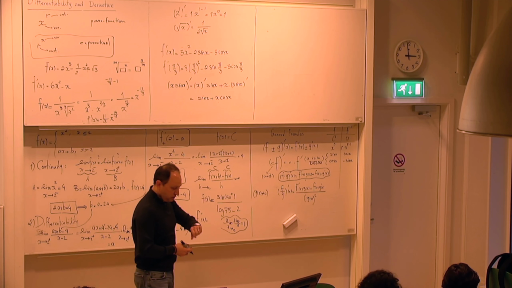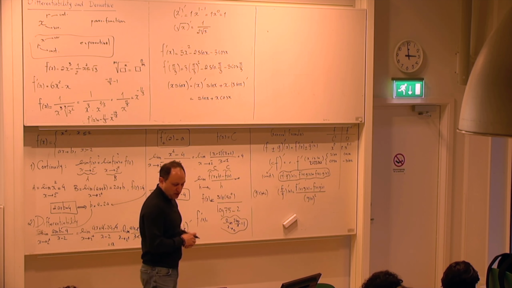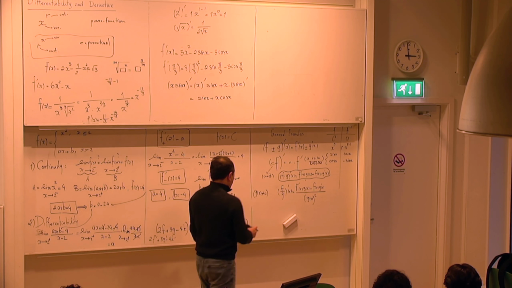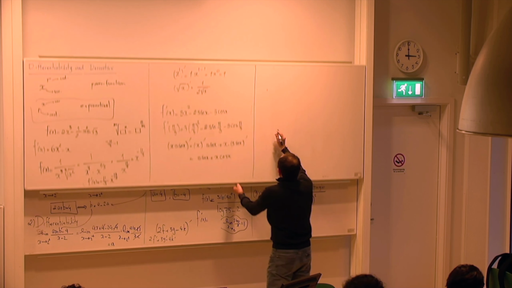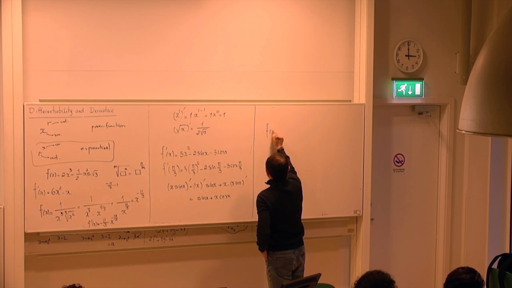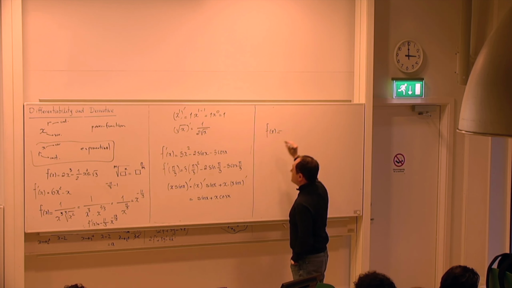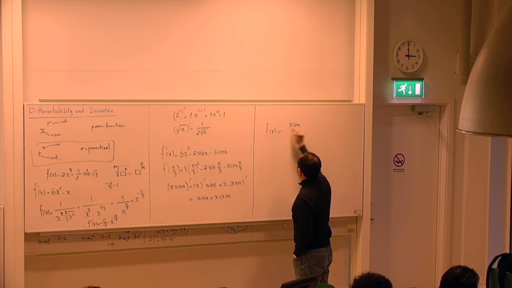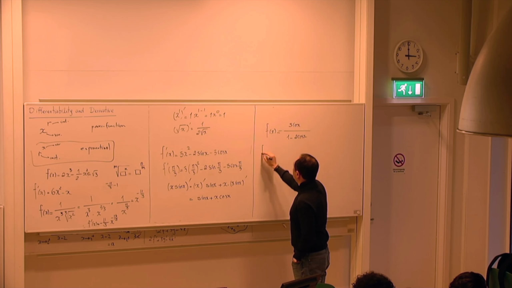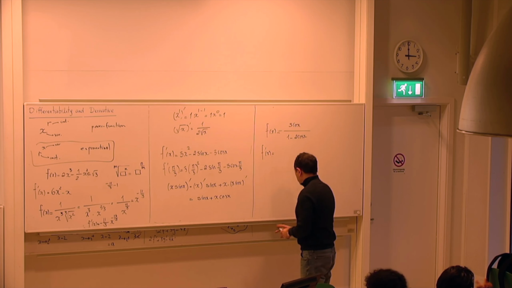Just let me do one example and then I will start. I can do this tomorrow. So can we do this together? F of x is equal to what? Sine x divided by 1 minus 2 cosine x. I want to calculate f prime of x. So do you remember the formula now?